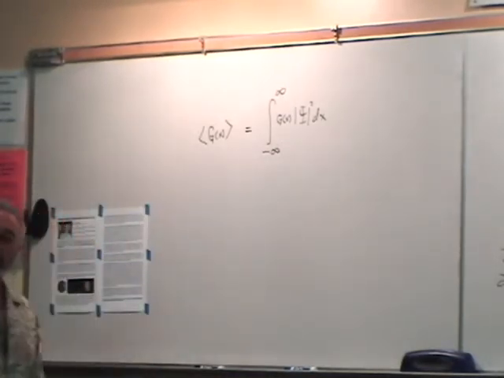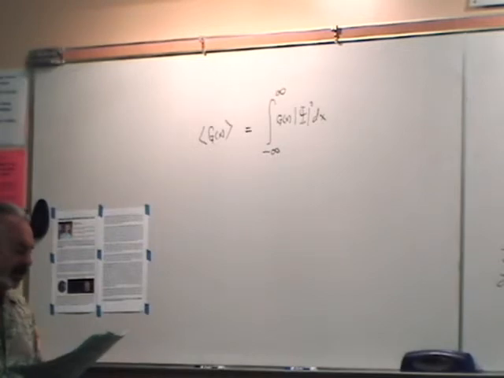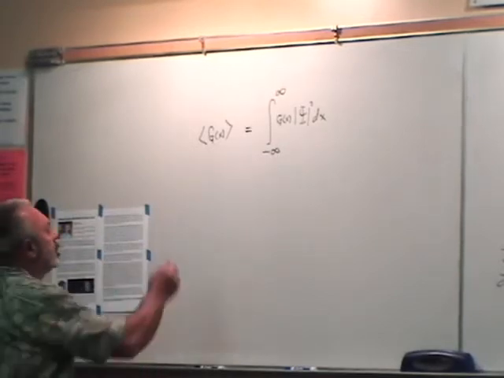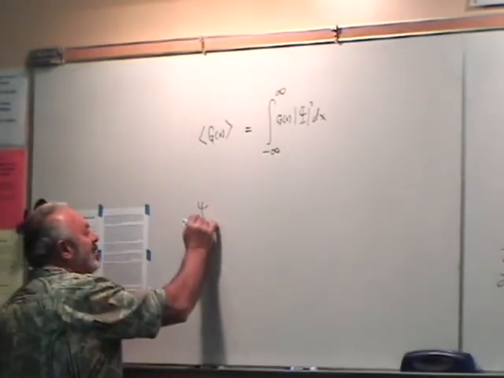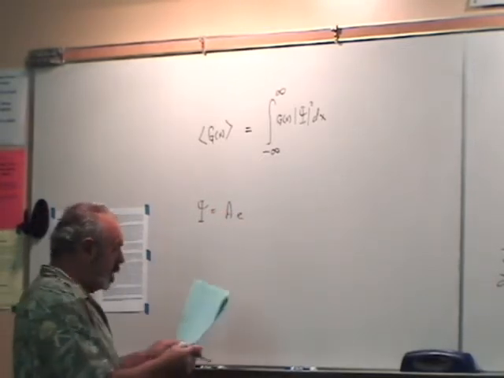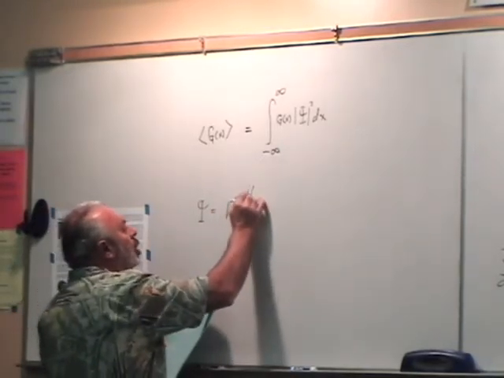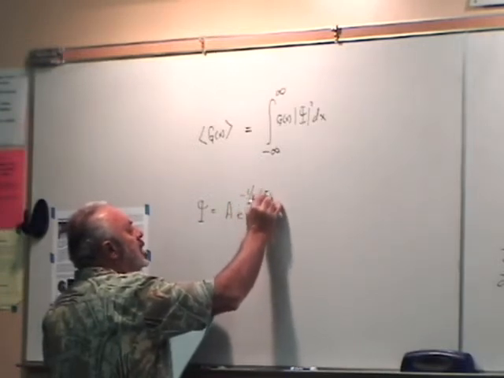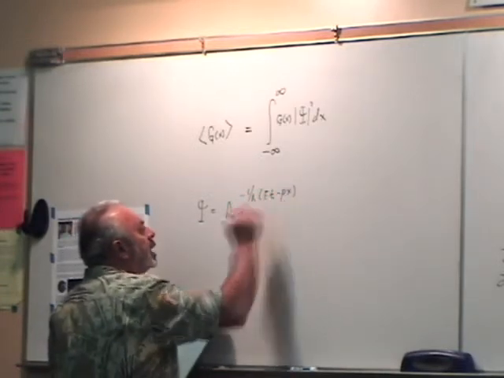But like I say, let's make it simpler so we can really have some fun with it. Starting with our original wave equation, psi, which equals A e to the minus i over h bar times (Et minus px).